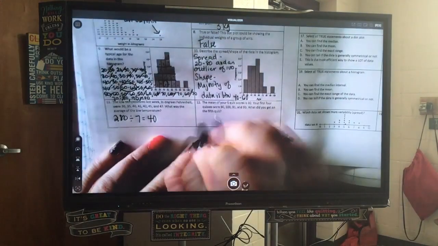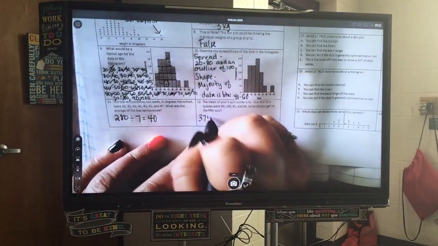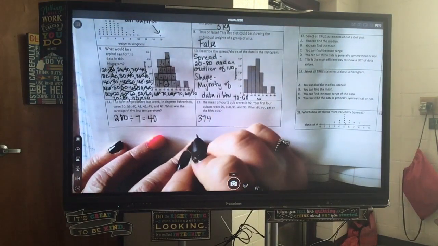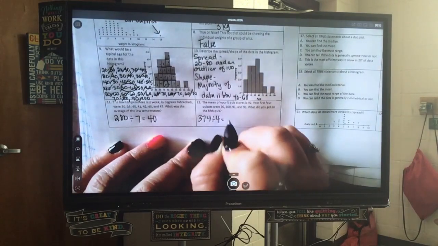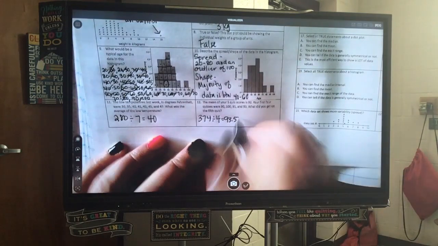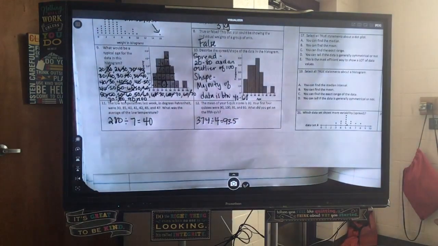When you add these 4 up, you get 374, divided by 4, which gives 93 and a half. Knowing that is 93 and a half and our mean is 92, is our next score going to be higher or lower? Lower, because we have to bring that score down.